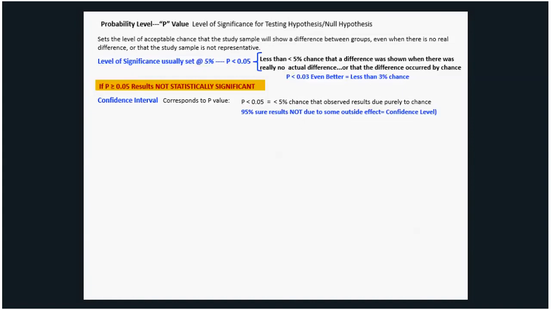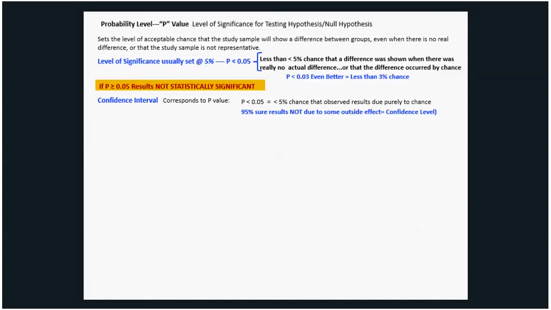Now, what a probability level or a p-value is, that sets the level of acceptable chance that a study sample will show a difference or will show a relationship between the things that you're looking at, even when there is no difference or that the study sample is not representative. So that means basically you want to set your probability level at less than 0.05.